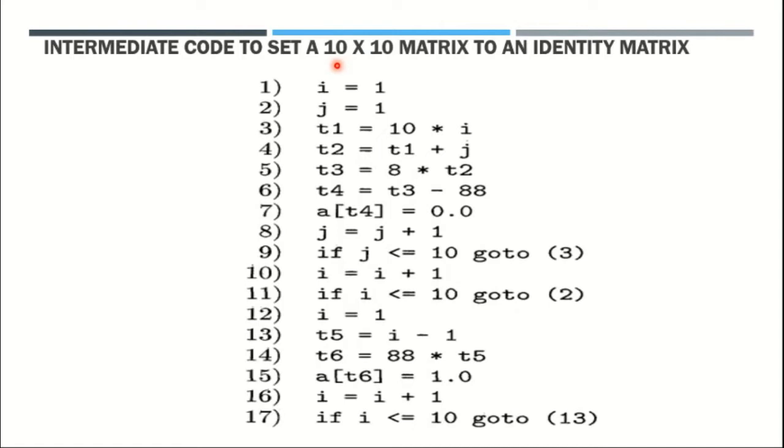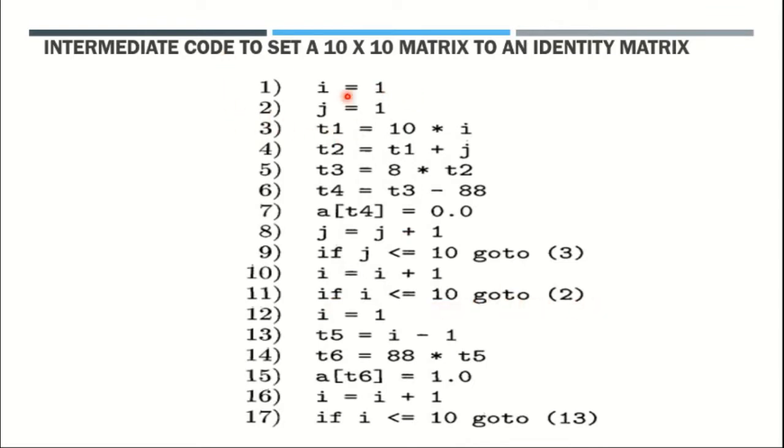Next, as per rule 2, if any instruction is the target of a conditional or unconditional jump, then that statement is also treated as a leader. Consider the 9th instruction: if j less than or equal to 10, then go to the third line. So the third line is also a leader. From the 11th instruction, if i less than or equal to 10, then go to the second instruction.